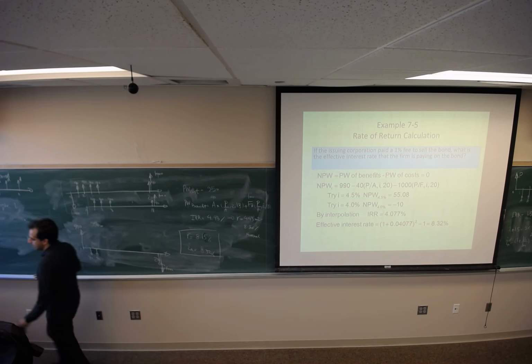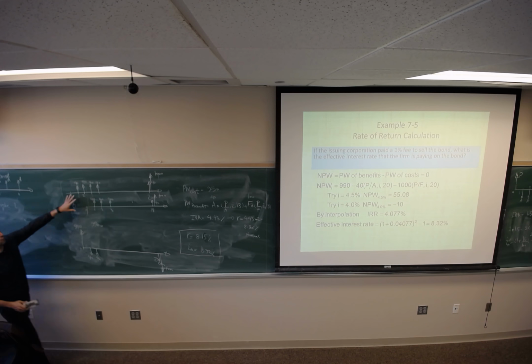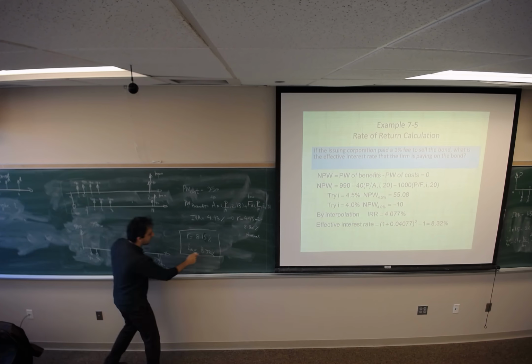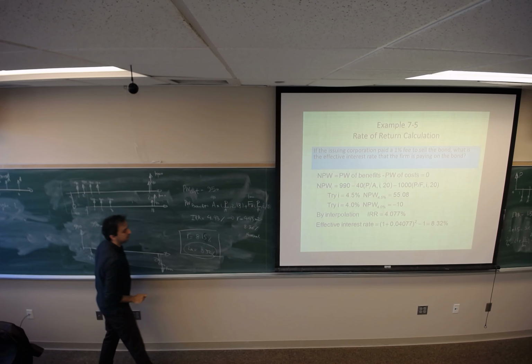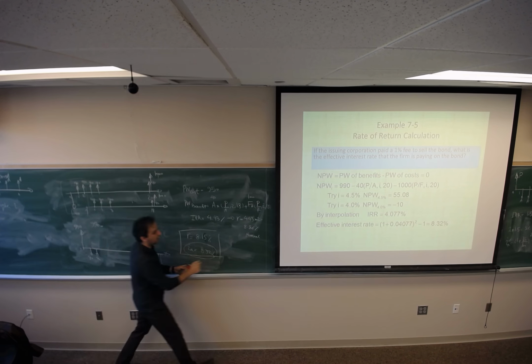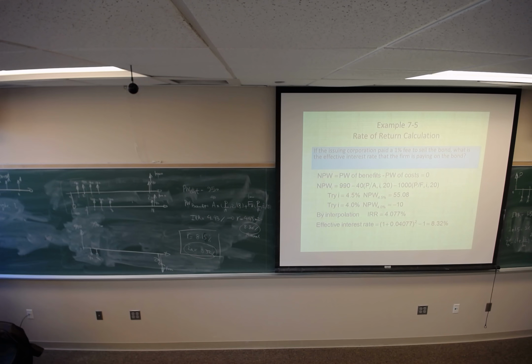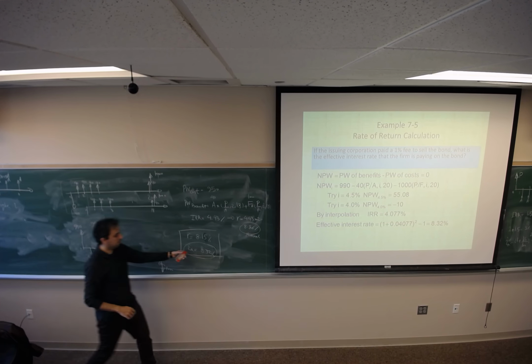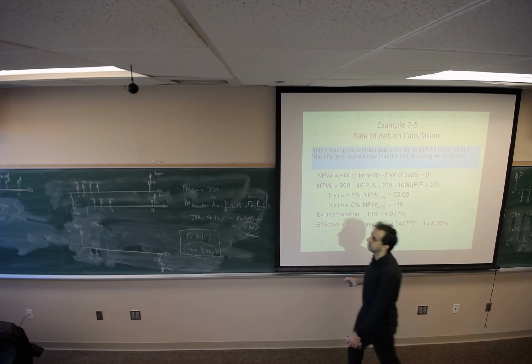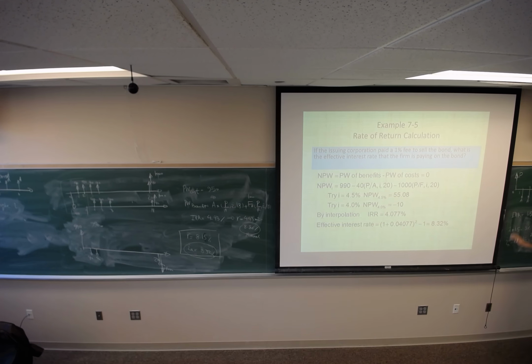From the point of view of the investor, you would like to have a higher I. But from the point of view of the corporation, you would like to have a lower I. So this is the difference between investment and borrowing.